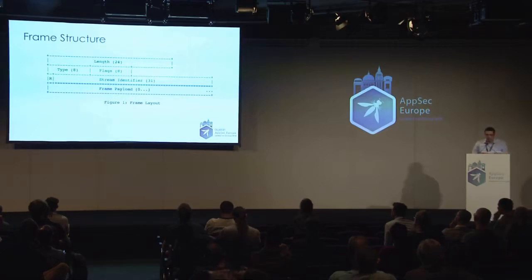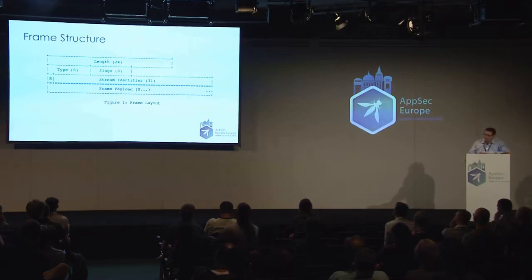Now, I've mentioned that HTTP2 is a binary protocol. It's no longer going over the wire just as ASCII text messaging. And for those of you who did not work with binary protocols, this is a bit of a taste. Each frame has a predetermined structure where the first 24 bits would denote the length of the payload.